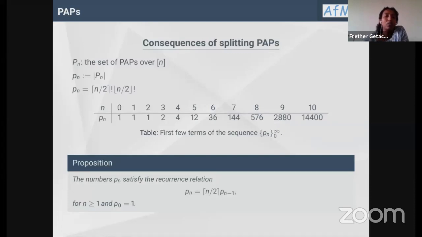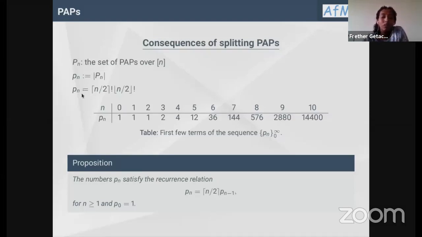One example of a consequence is counting the number of PABs, which can be found with this formula, because we can count the integers which appear on the odd positions and the integers which appear on the even positions.